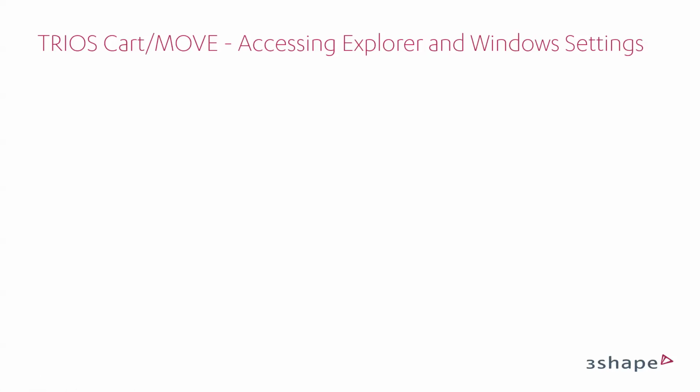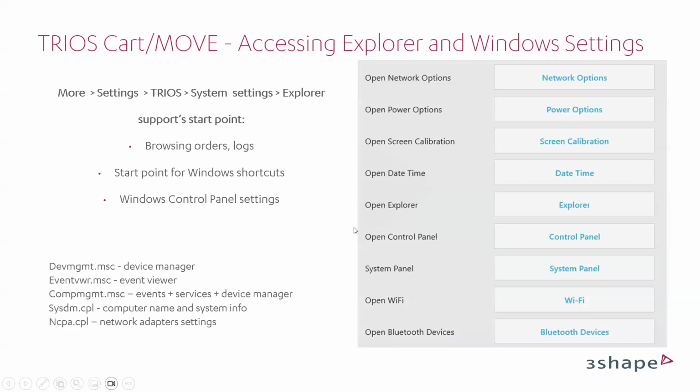Now we're switching to Trios card move access, the explorer in Windows settings. If you're talking about the Trios card and move systems, you have to use the more settings, Trios system settings explorer, to start the support point. There you can browse some folders and logs, and also the start point for Windows shortcuts and Windows control panel settings.